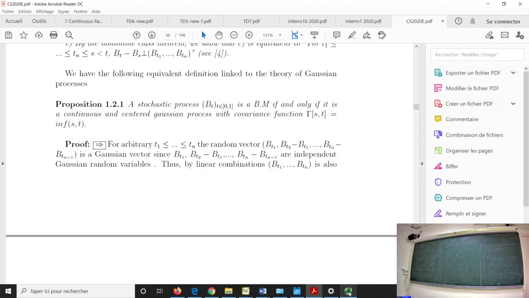So why do I have this? First, I want to prove that I have a Gaussian process.